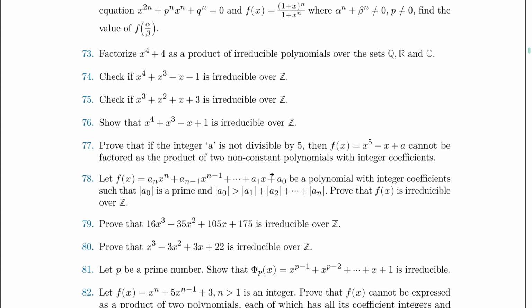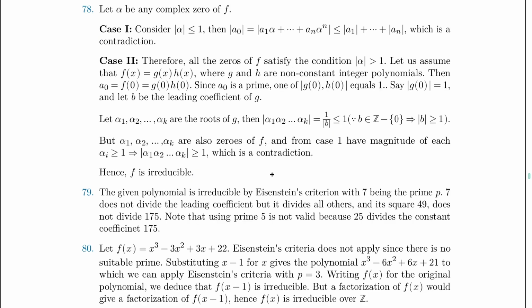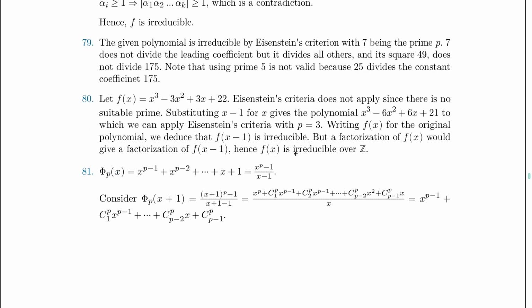The reason is the given function phi p of x, we cannot apply Eisenstein's irreducibility criteria just like that, because there is no suitable prime number for all the coefficients as 1. So if you look at the solution, we represent this as x to the power p minus 1 by x minus 1.